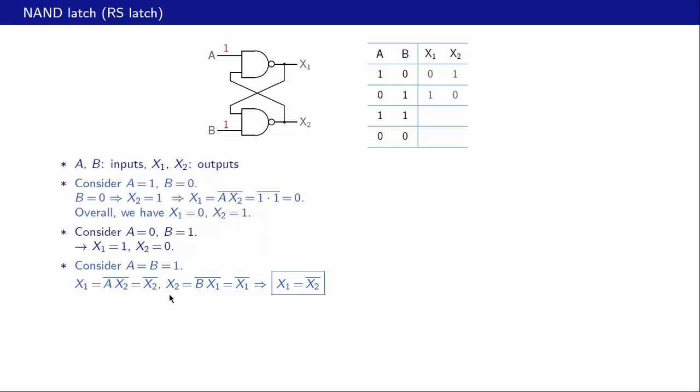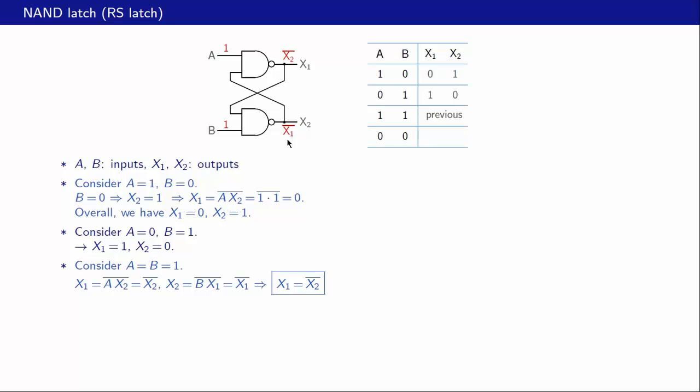Similarly, X2 is the NAND of B and X1, so that is B X1 bar, and because B is equal to 1, it is equal to X1 bar. So what it implies is that X1 and X2 must be inverse of each other. X1 is X2 bar, X2 is X1 bar. And this relationship is indicated here by writing X2 bar here and X1 bar here. So X1 is the same as X2 bar, X2 is the same as X1 bar.